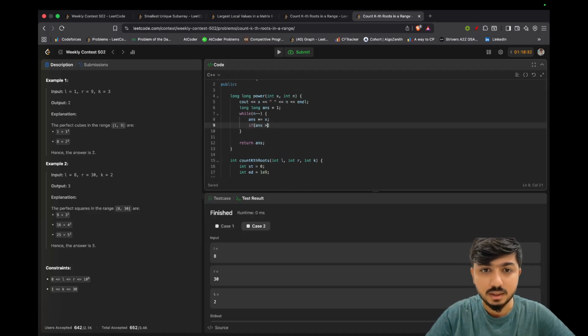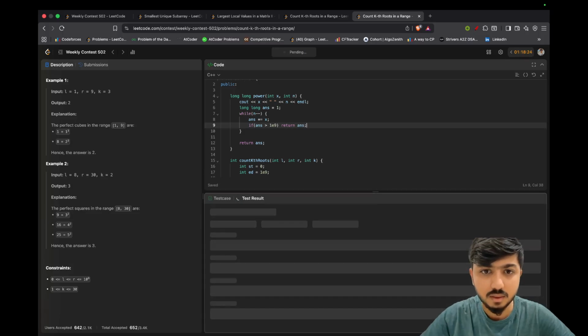If answer is greater than 1E9, return answer.